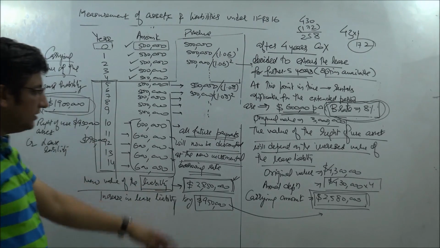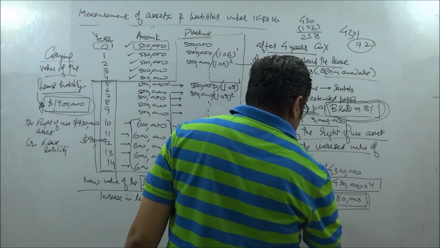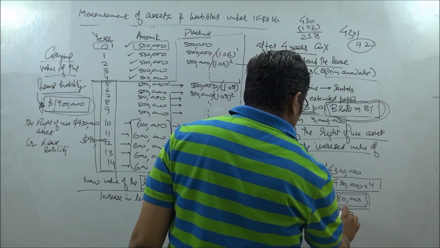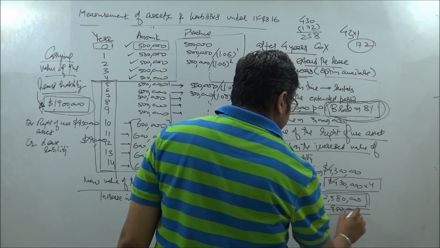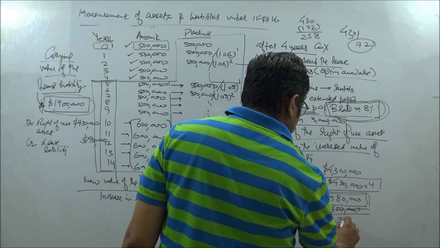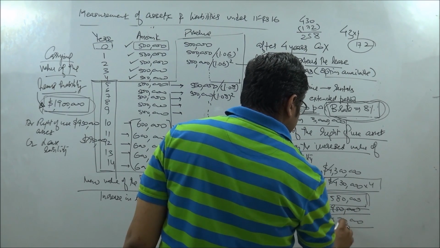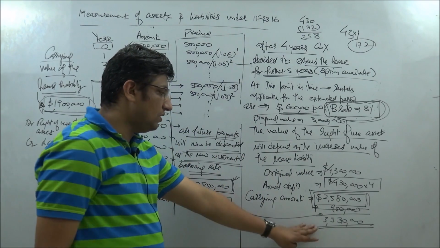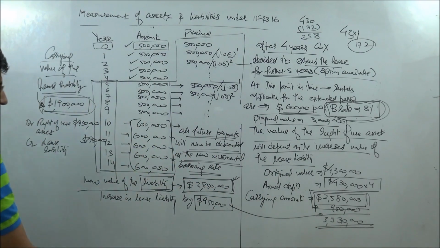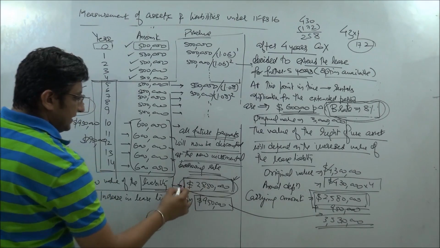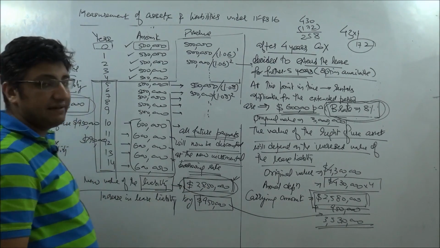And now and onward, the asset will be shown at 2,580,000 plus 950,000. This becomes 3,530,000, and my lease liability of course stands at 2,850,000.